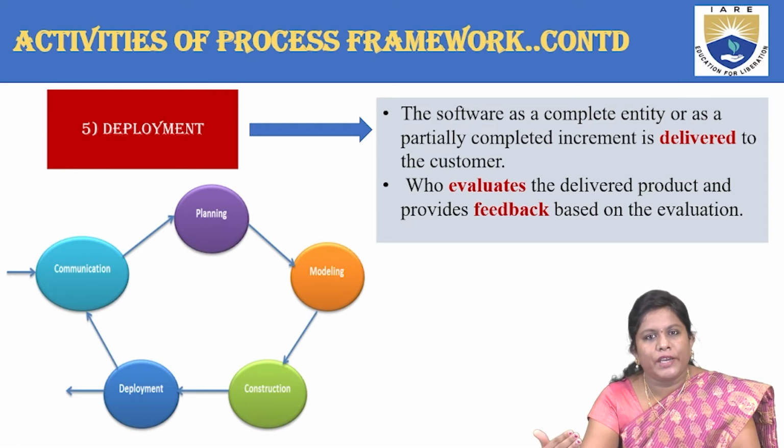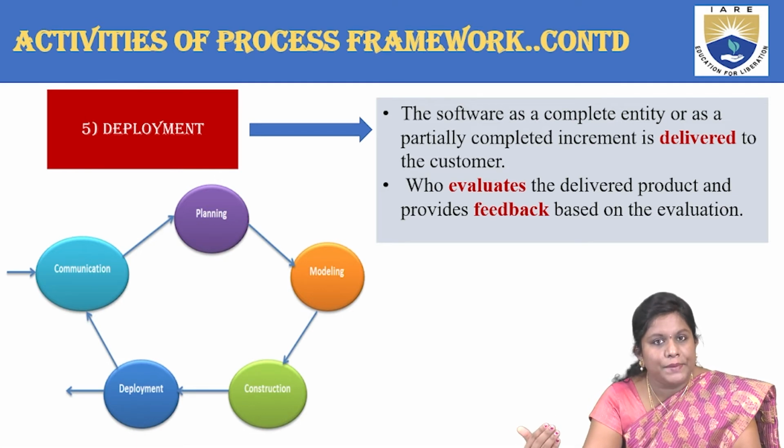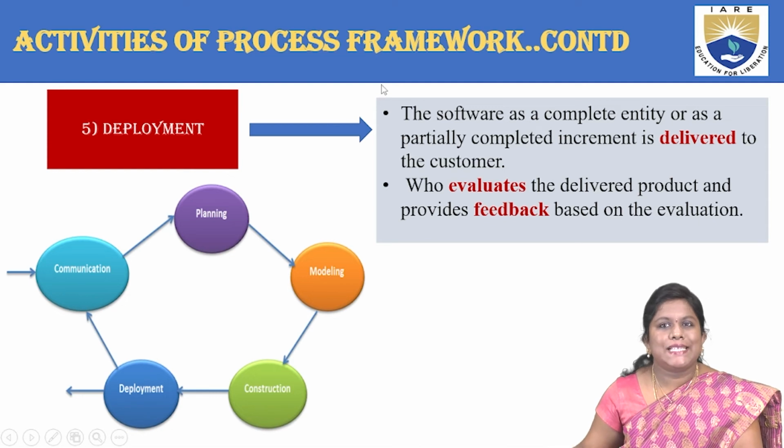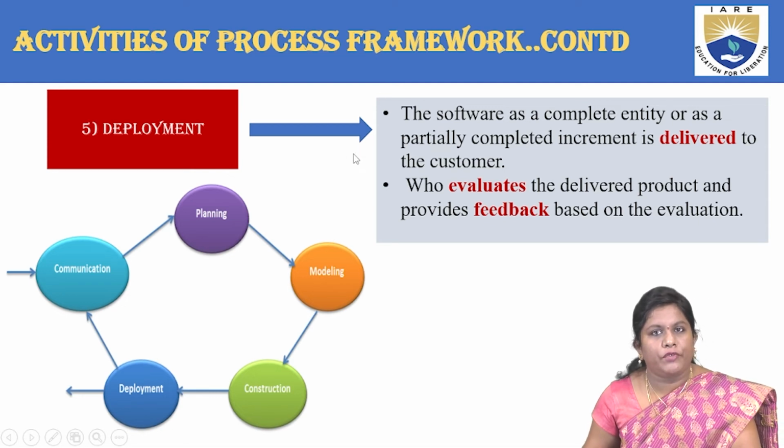Then after 4 to 5 times, if you are fine with it, he finishes off everything in one go and gives us the final video. So that's called deployment. Looking at the diagram given below, it shows the activities of the process framework that include communication, planning, modeling, construction and deployment. So this ends the activities of the process framework.